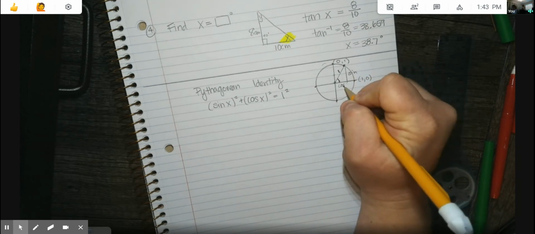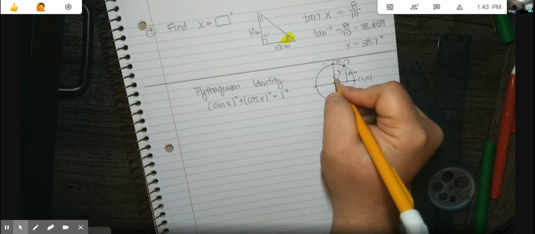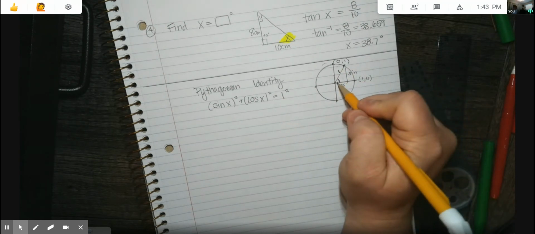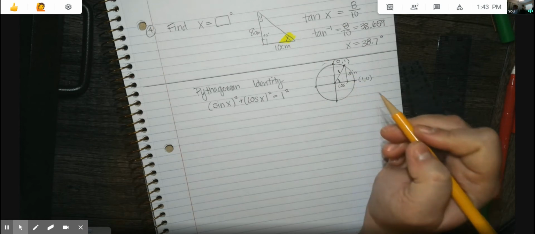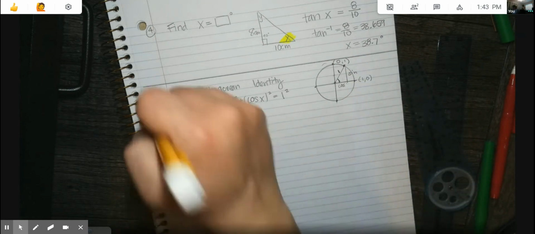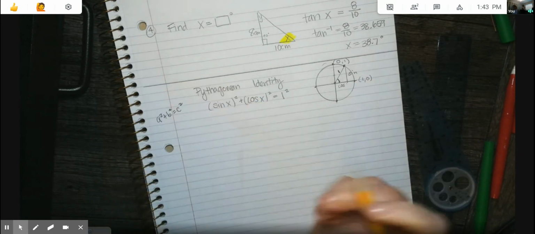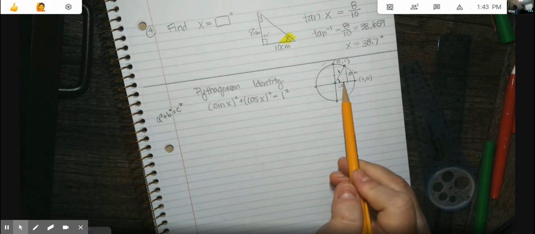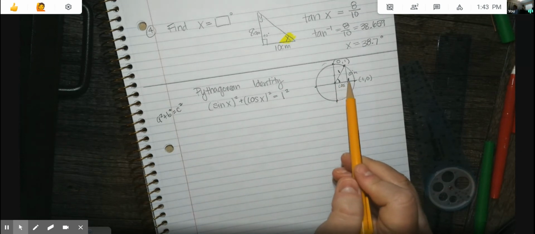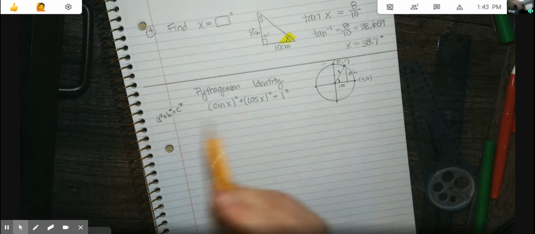So if you square cosine of x, and you square sine of x, and you square 1, then you would be able to prove all sides of this triangle based on the Pythagorean theorem, right? A squared plus B squared is equal to C squared, and that's true for every single right triangle. So if this is cosine squared plus sine squared plus 1 squared, then it just proves the Pythagorean theorem.